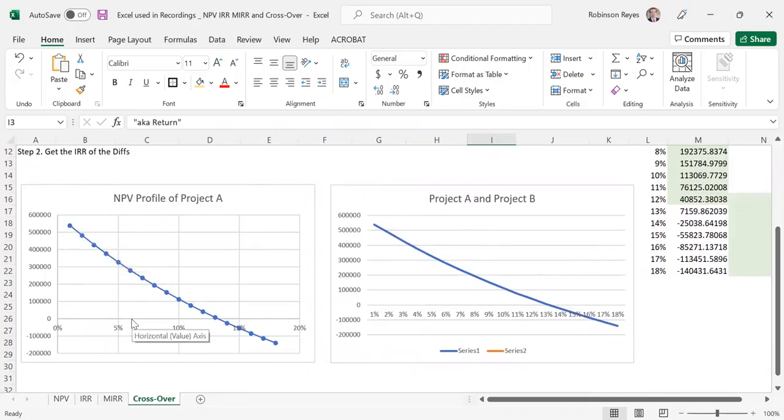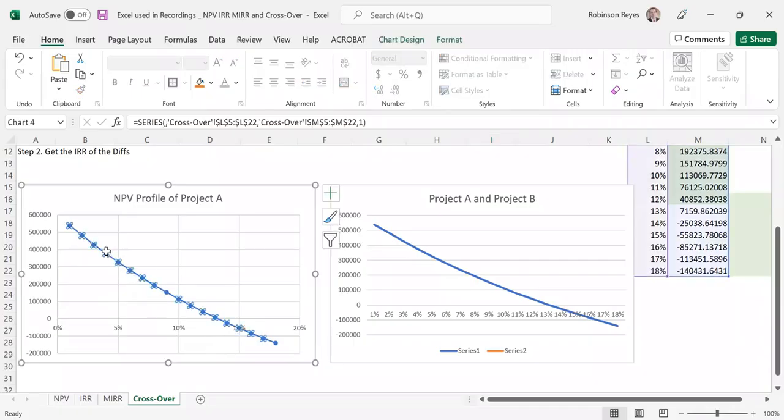When the internal rate of return is greater than this discount rate, then we are in this range here.